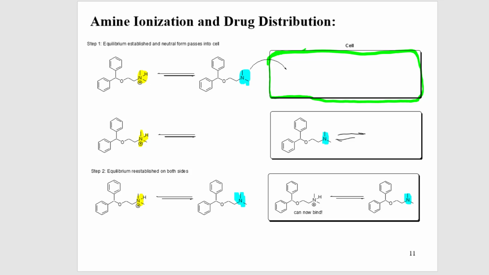So a new equilibrium establishes inside the cell. And understand that it's only in this ionic state that the drug can actually bind and do its antihistamine activity. So we're relying on Le Chatelier's principle to get us across and reestablish the equilibrium once inside. Really cool chemistry.